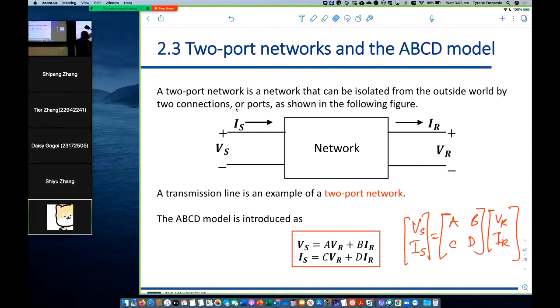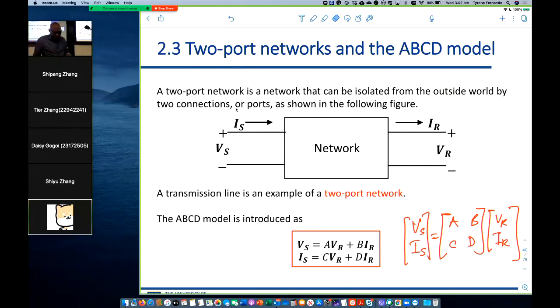Once we have a model for the transmission line and we want to express it in terms of a two-port network, we need to know the values for A, B, C, and D. As long as we know them, we know the mathematical model for the transmission line, may it be a short length transmission line, a medium length transmission line, or a long transmission line. A long transmission line is what we're going to be discussing today.